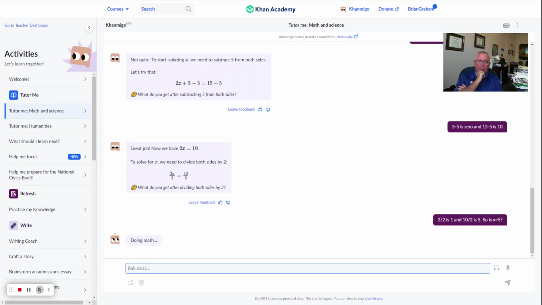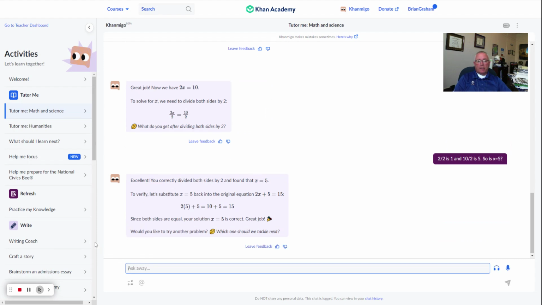And it's getting ready, and here we go. Excellent. You correctly divided both sides by 2 and found that x equals 5. To verify, let's substitute x equals 5 back into the original equation, 2x plus 5 equals 15, and it goes through that. Since both sides are equal, your solution x is 5 is correct. Great job. Would you like to try another problem?